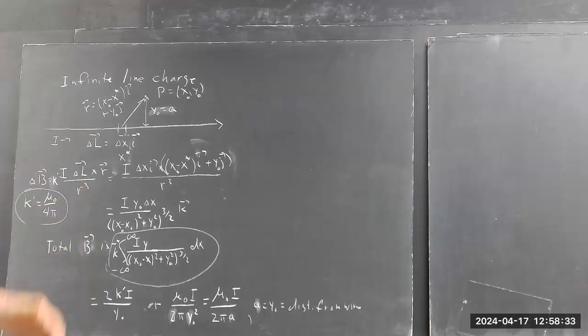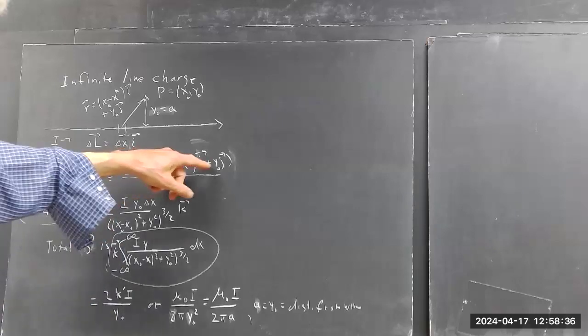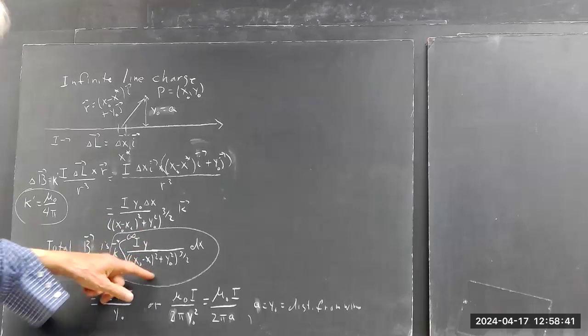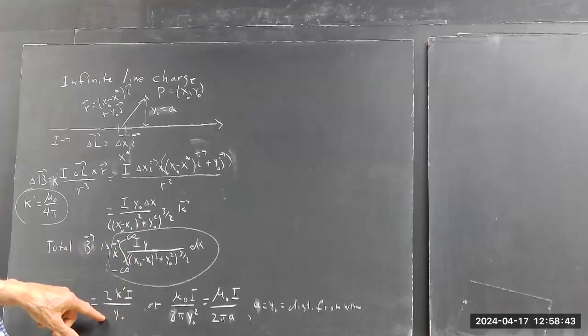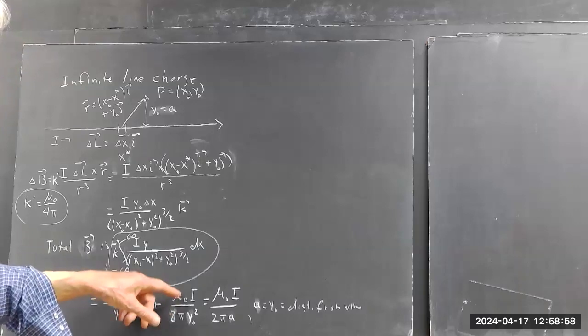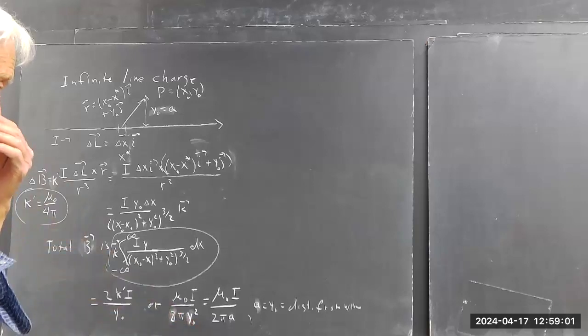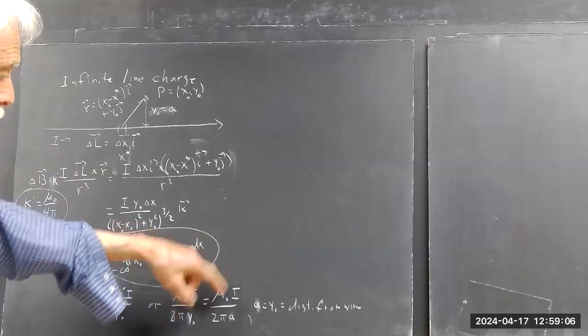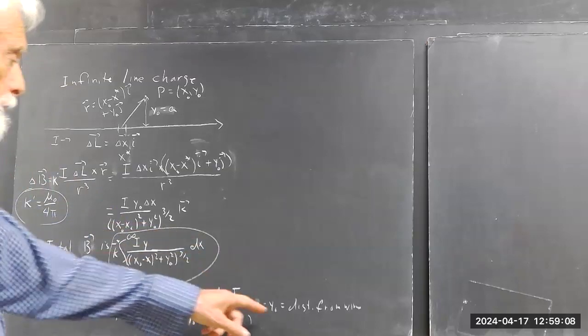Now, do that cross product, you get this. You integrate this and you end up with this. You do the integral, starting with the trig substitution. You get this, which could also be written mu naught I over 2 pi y naught, or mu naught I over 2 pi A, where A is y naught.